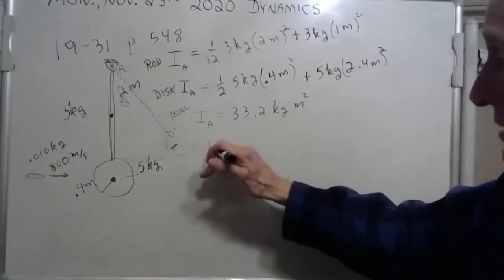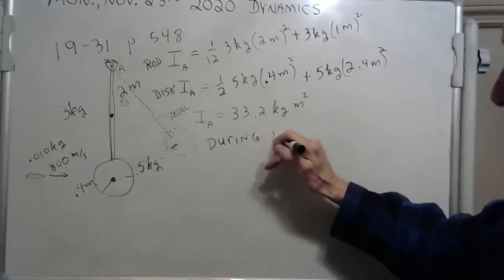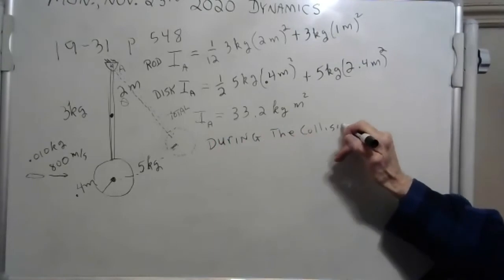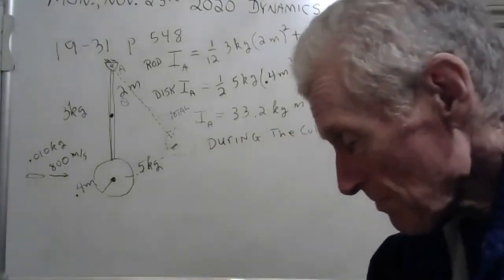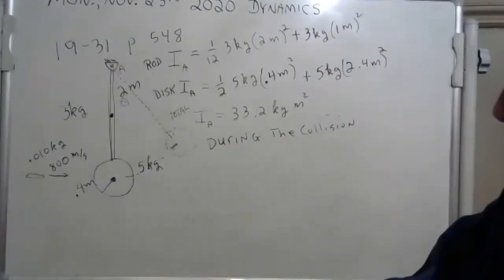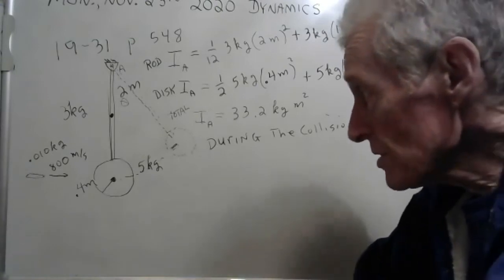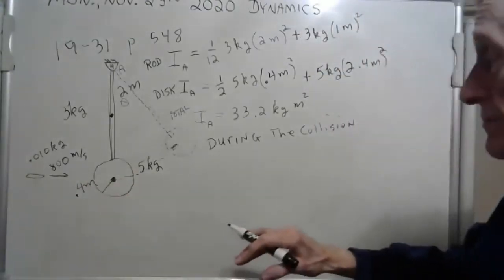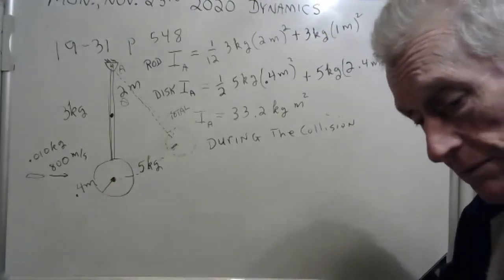But during the collision, you have a force of the bullet acting on the disc. Here, I'll draw it for you.